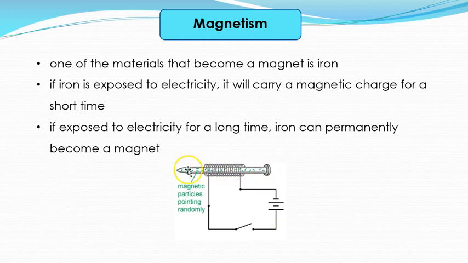There's an actual flow of electrons in the nail that would speed up when the electricity was attached to it. And the more coils that we have on that nail, the stronger the magnetic force will be.